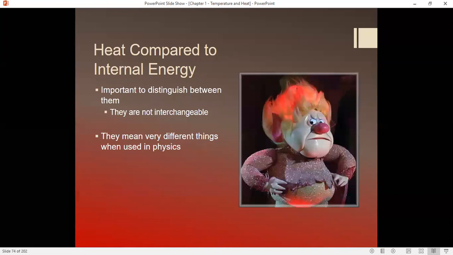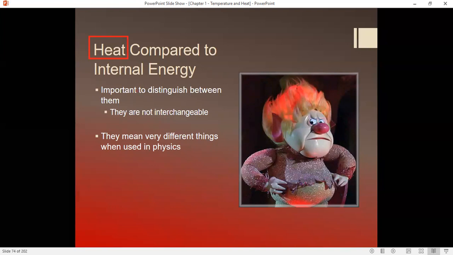Now, heat compared to internal energy. As I said before, we have a slightly different definition for heat than what we think of in the popular world. In physics, heat has a very definite definition. It is the thermal energy going from one object to another, one system or another.